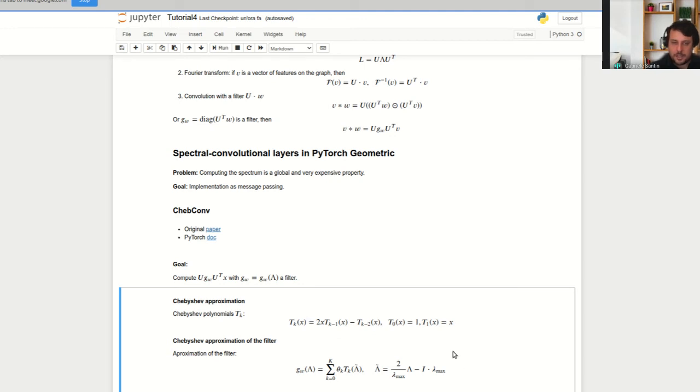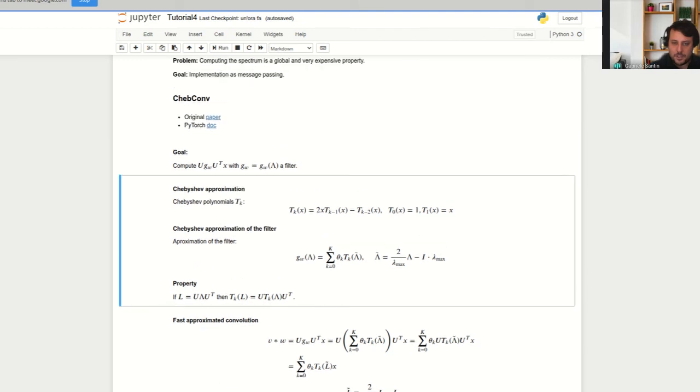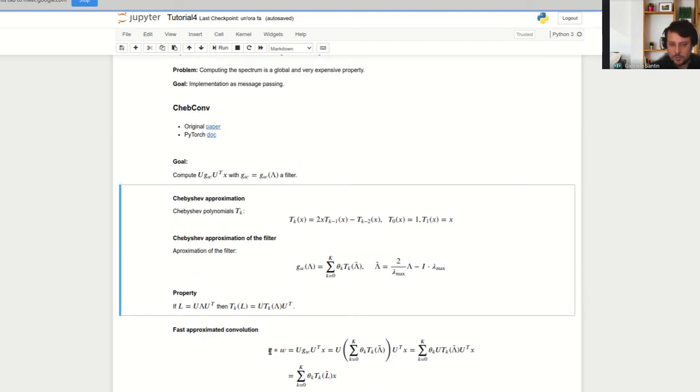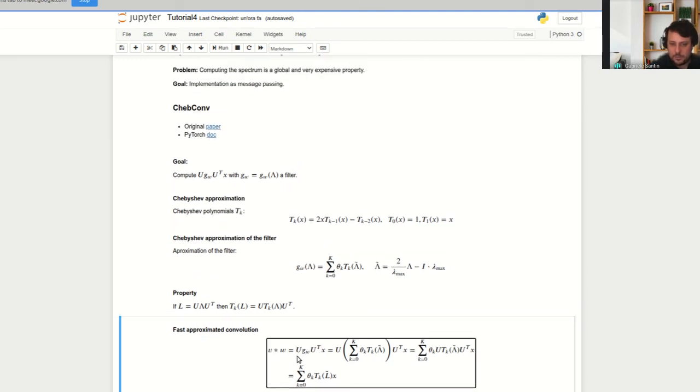This is existing theory, and what they did in this Chebyshev convolutional paper is the following. We want to approximate the convolution, which we know is written in this way from the theory above. Then instead of g of omega, we substitute this formula. We use the property that we can take U and U transpose inside: first we exchange the sum and the matrix multiplication, which is just linear algebra, and then we take U and U transpose inside and use this property.